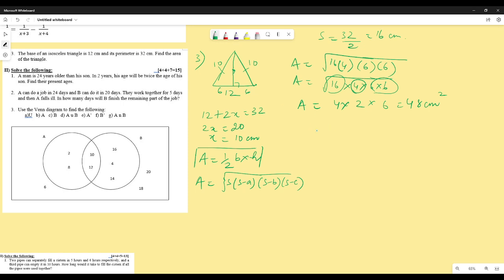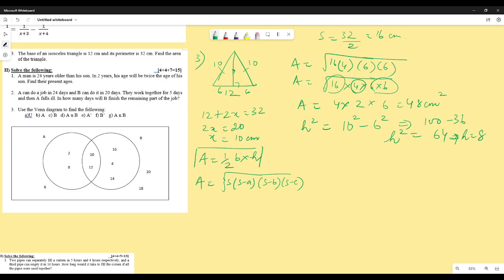So you have to find out height square is equal to hypotenuse square minus base square. So this gives you 100 minus 36. This will be equal to 64.